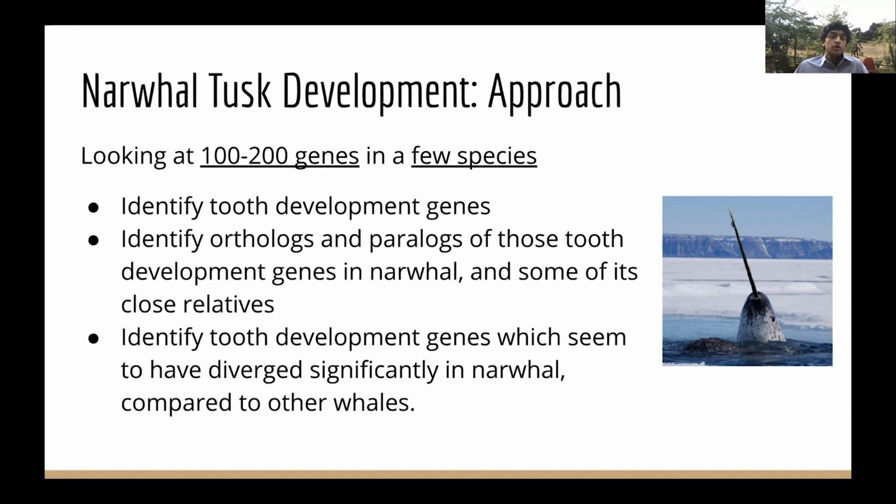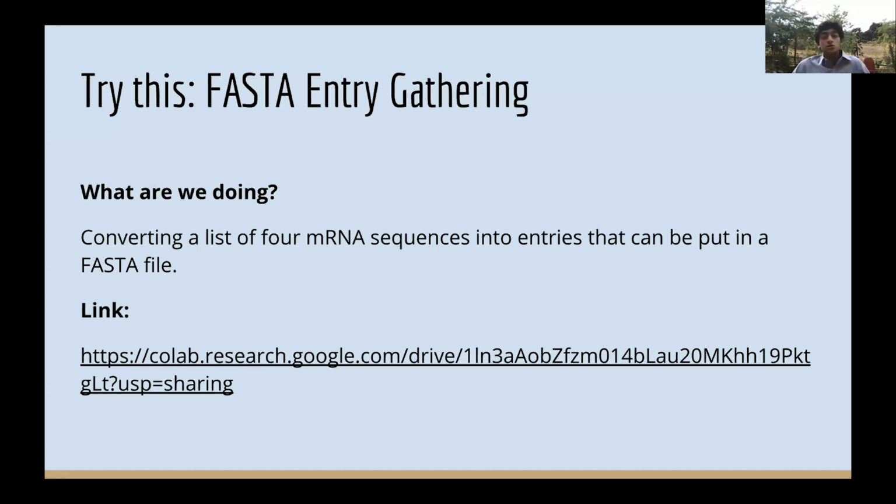So if we already have our accession numbers, we can automate the process with some Python, a package called BioPython, and just run a simple script. We're going to be converting a list of 4 mRNA sequences in this case instead of DNA sequences, and putting them into a format that can be copied and pasted into a FASTA file.